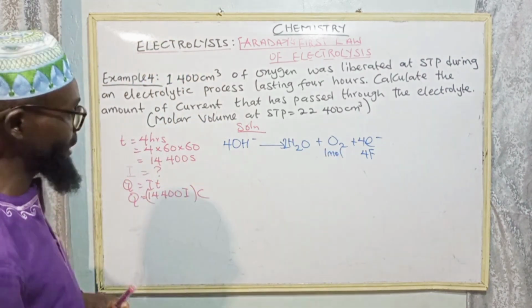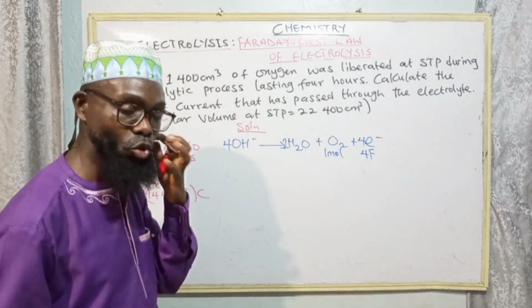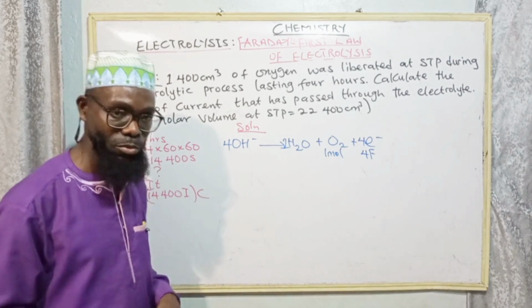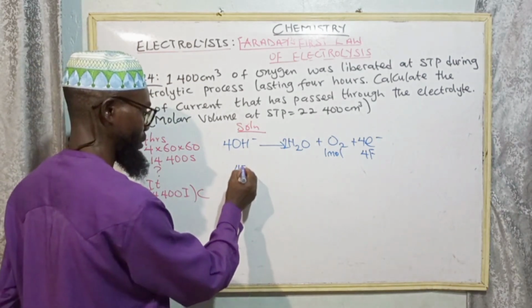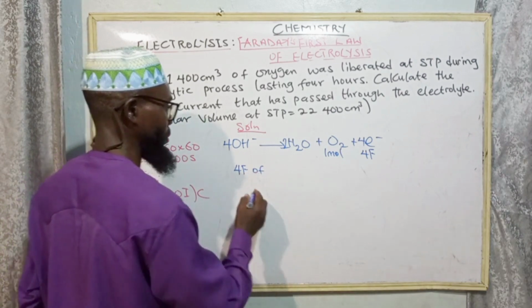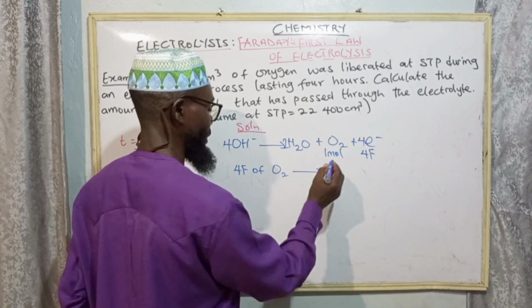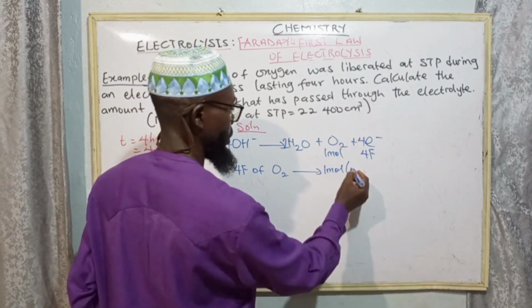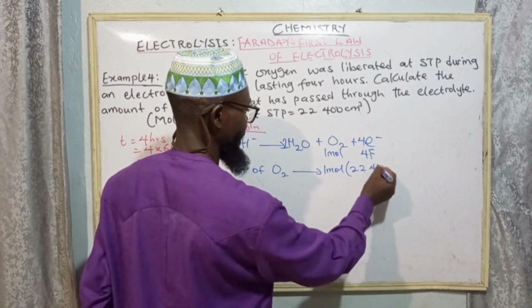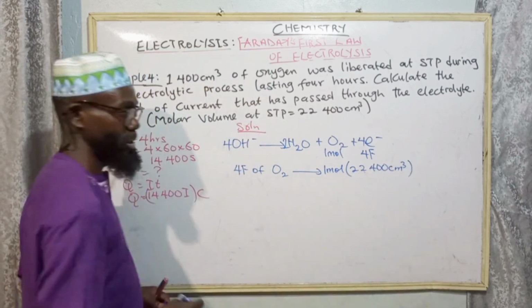And 1 mole of oxygen is equivalent to 22,400 centimeter cube or 22.4 decimeter cube. So from here, 4 Faradays of oxygen gas will give us 1 mole. And this 1 mole equals 22,400 centimeter cube.